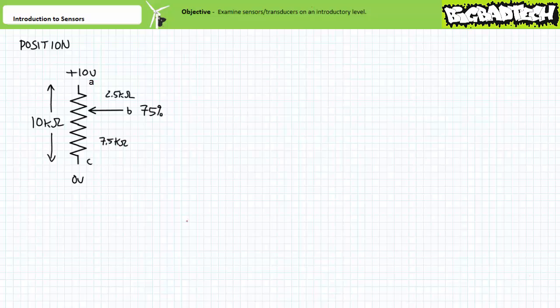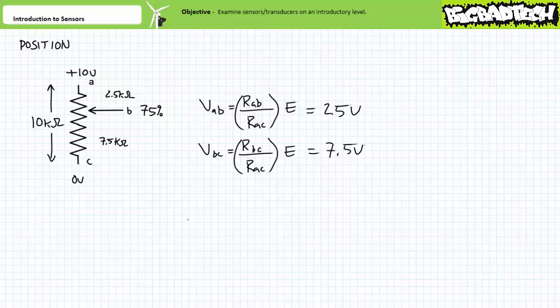When the central B terminal is adjusted to 75%, such that 2.5 kilo-ohms of the available 10K appears between the A to B terminals, and the remaining 7.5K appears between the B to C terminals, it can be quickly demonstrated using the voltage divider rule that the voltage drop across the A to B terminals would be 2.5 volts, and the voltage drop across the B to C terminals would be the remaining 7.5 volts.